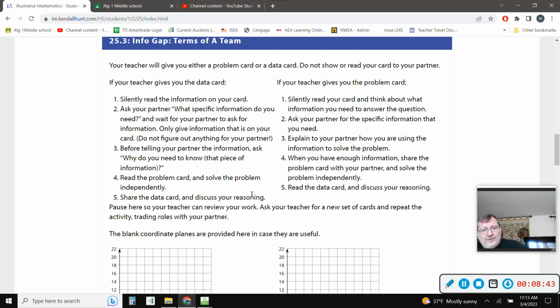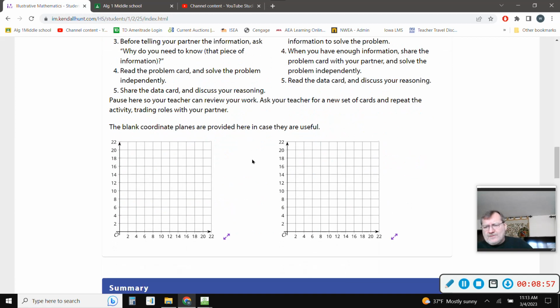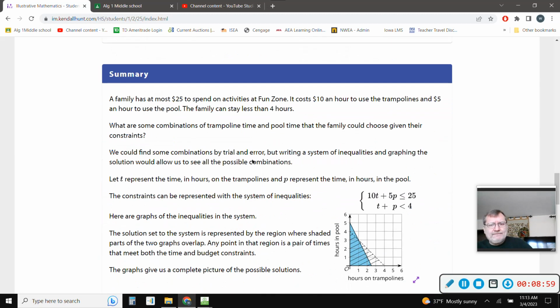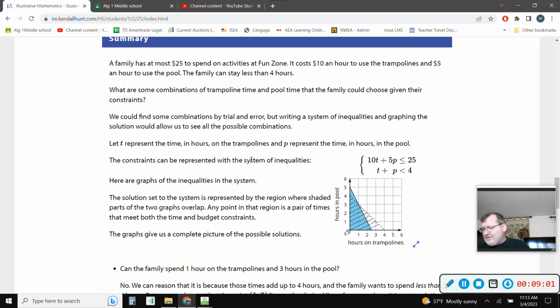I'm not going to go through it because it says the teacher will give you either a problem card or a data card. I don't have those. There's stuff that I could go online and find, and we could mimic this with something that I could find online, but I'm just going to skip this infogap. I think there's better uses for our time with that. And we just go right on to the summary of this.